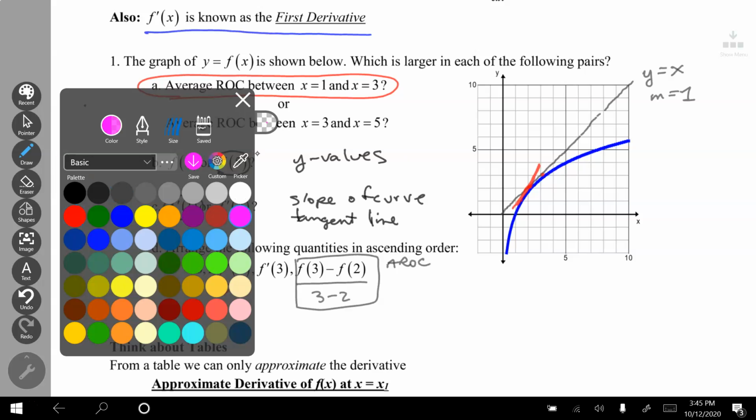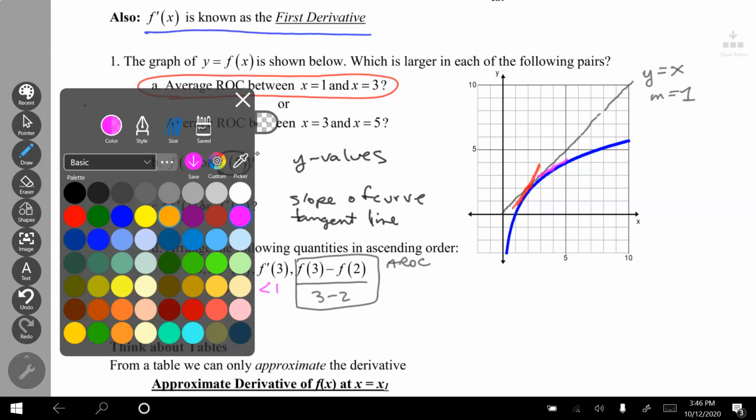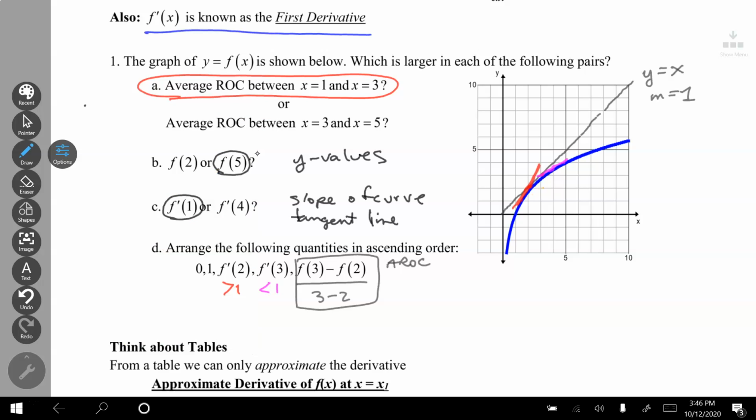I'll do this in pink. This one is definitely less than 1. I'll do this one in bright orange. It's the slope between these 2 points. And it's actually, if you look very closely, a little bit less than 1.